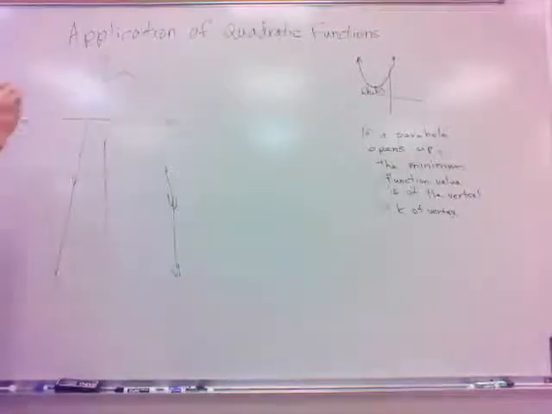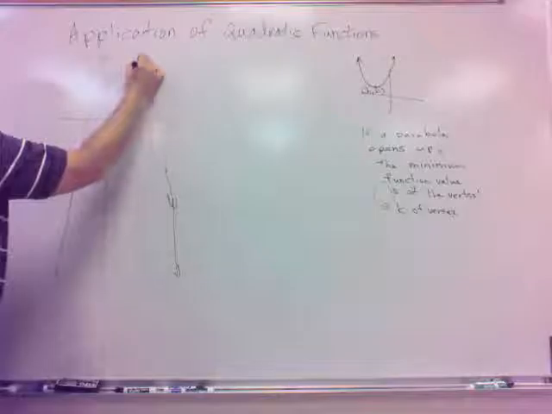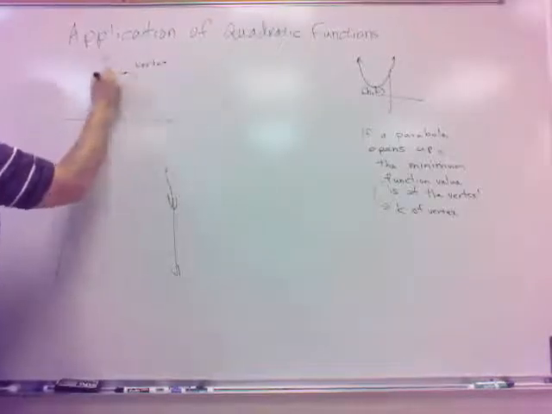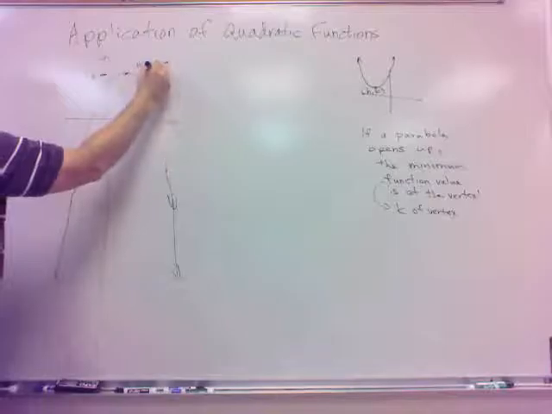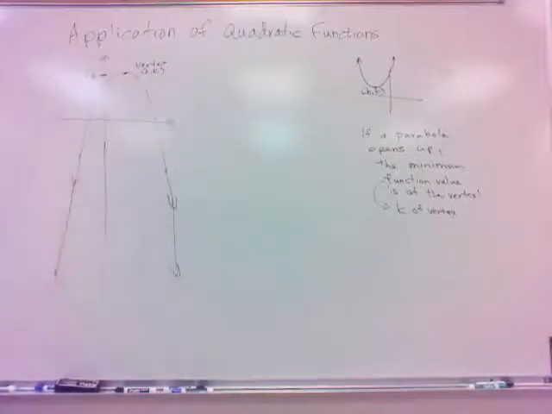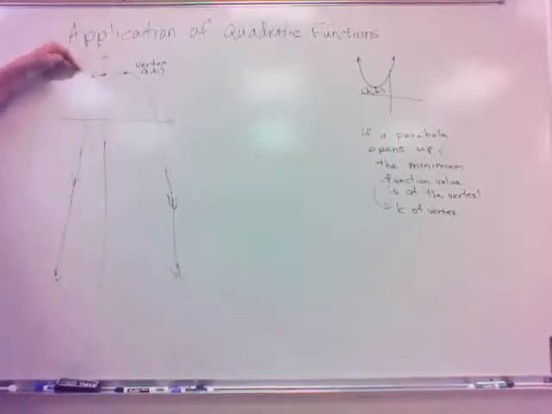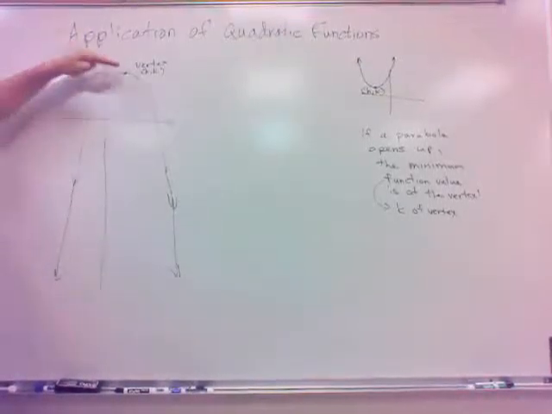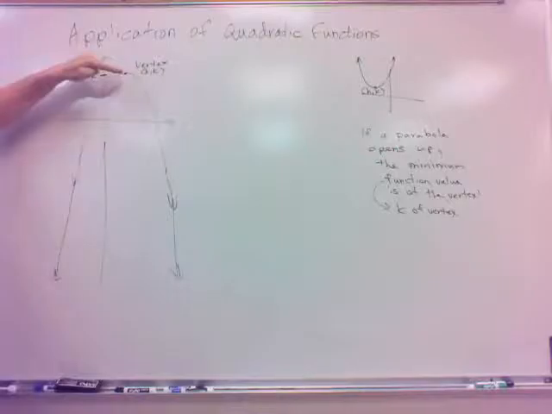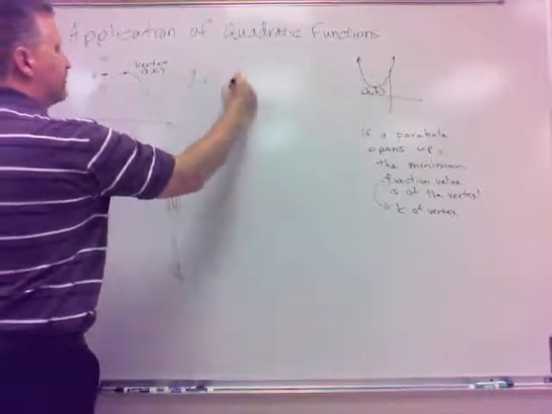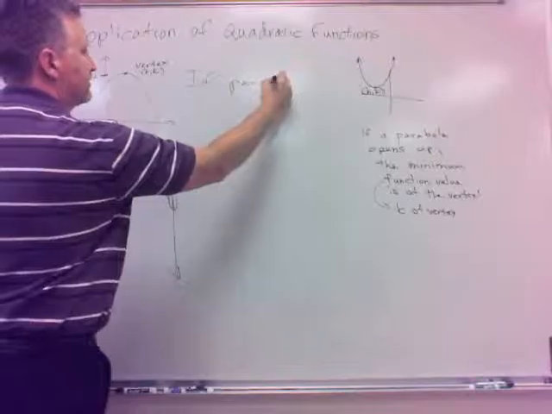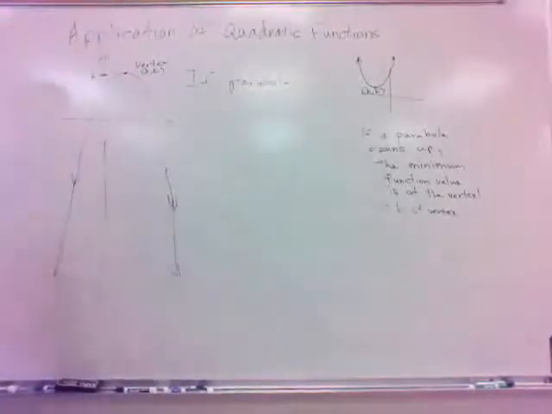However, what do I have at the vertex? Yeah, this is the largest, you know, that's k. Vertex is h comma k. So this k value here, that's the maximum function value. The y value doesn't get any bigger than k of the vertex, right? Therefore, if the parabola opens downward, it swaps out.